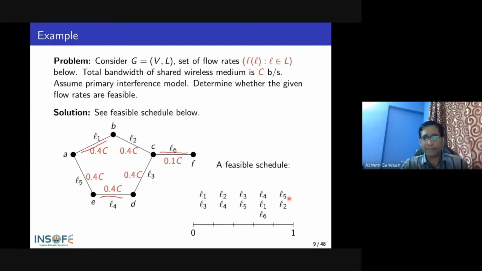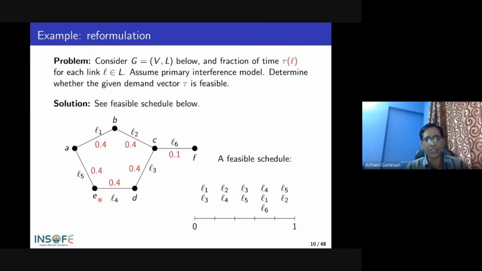Now, we can simplify the notation a little bit. We can divide every one of the data rates by c, and instead of 0.4c, you can just have 0.4. And so what you would be specifying is the fraction of every unit of time that the link L demands to be active.